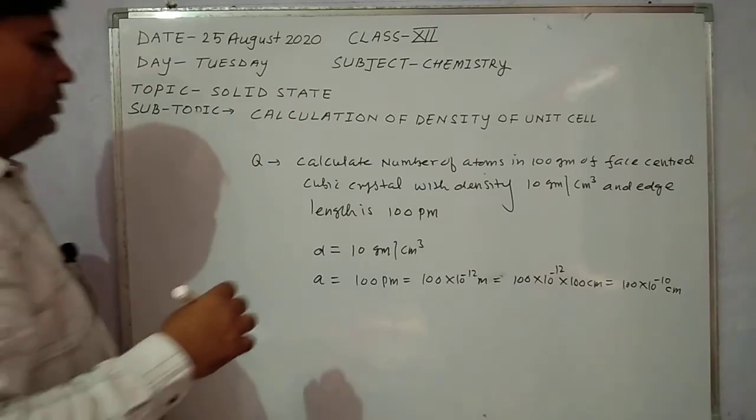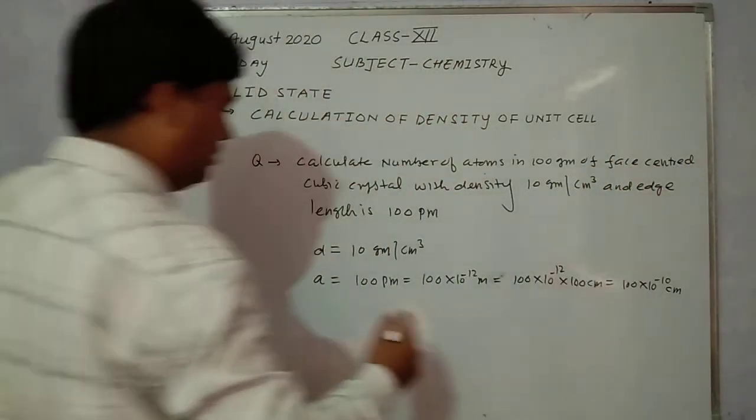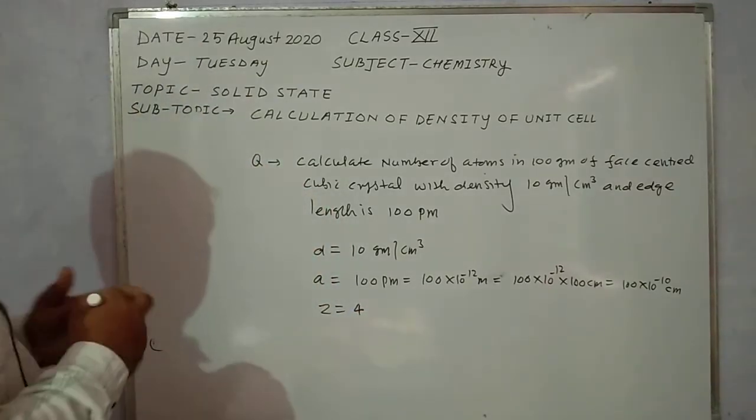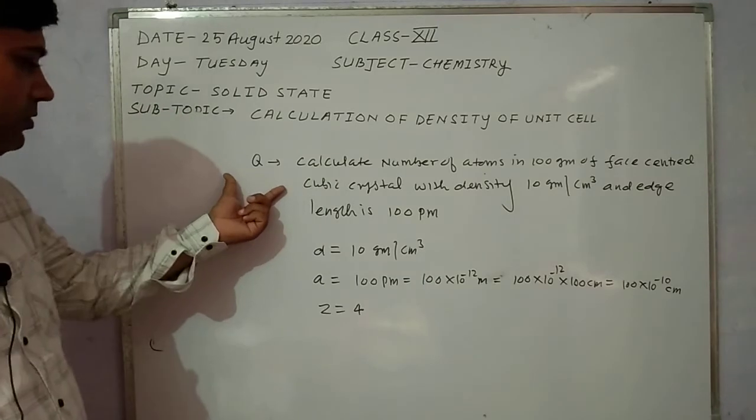Okay, so Z for face centered cubic, Z equal to 4. So these values are given in this particular question.